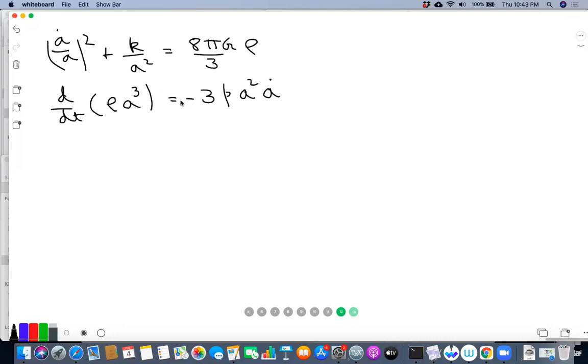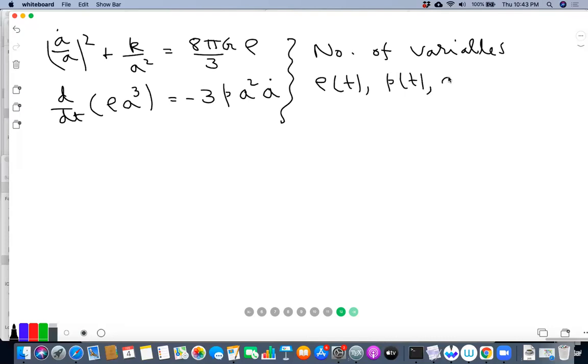Now if you look at these equations, the number of variables is 3, because there is rho of t, P of t, and a of t. All of these are functions of time, so that's 3.